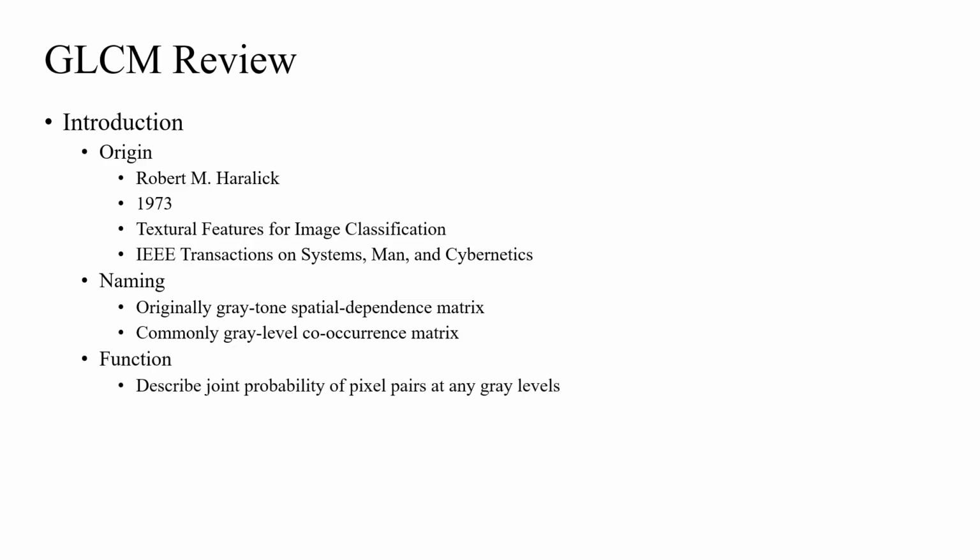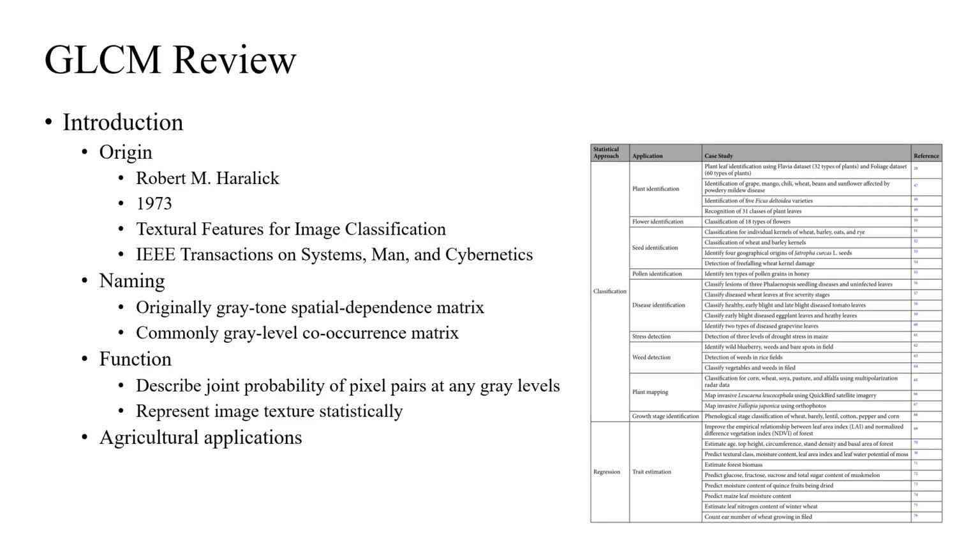GLCM describes joint probability of pixel pairs at any grade levels, and therefore is able to represent image textures statistically. Even back in 2019, there were a large number of studies that utilized GLCM for agricultural applications, many of which are listed in the table.